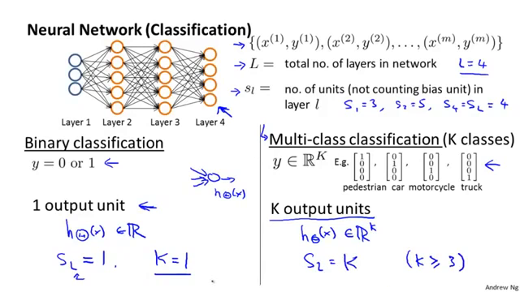We need to use the one-versus-all method only if we have K greater than or equal to 3 classes. So if we have only 2 classes, we will need to use only 1 output unit.